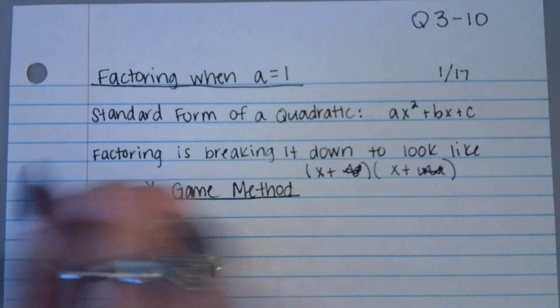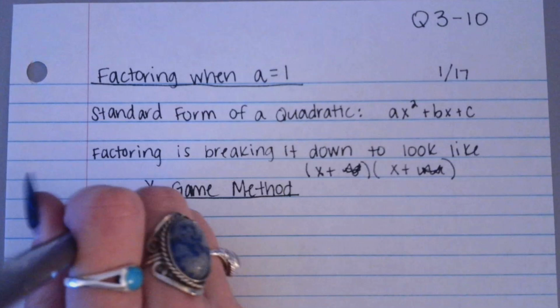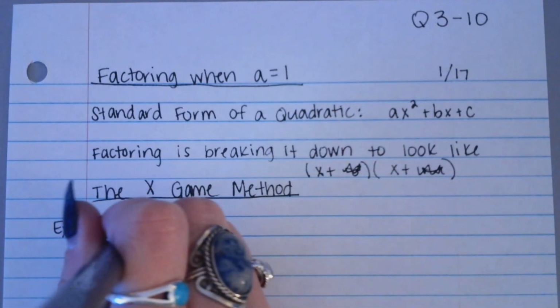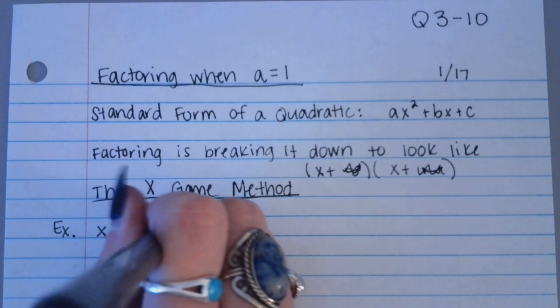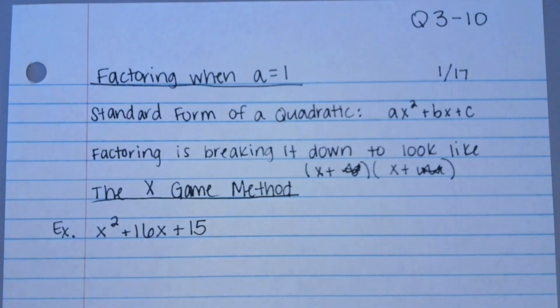To show you how this works, I'm going to give you our first example, and we're going to use that. So our first example is x squared plus 16x plus 15.